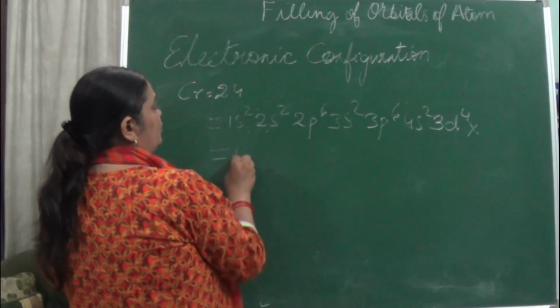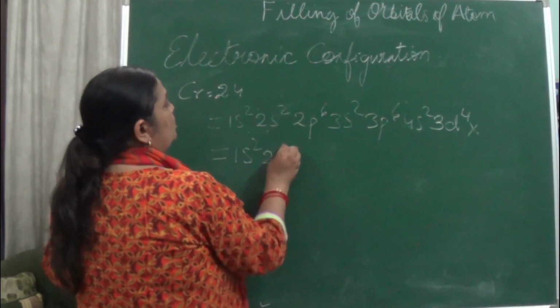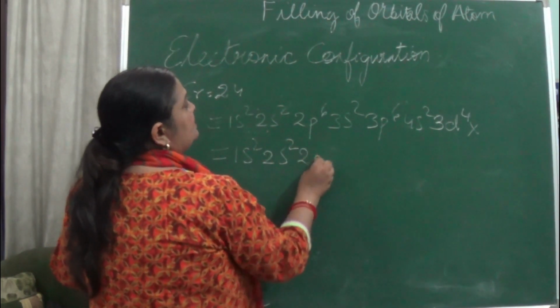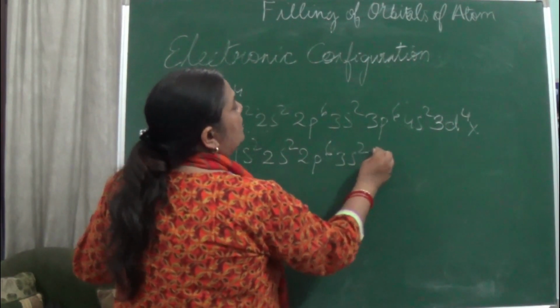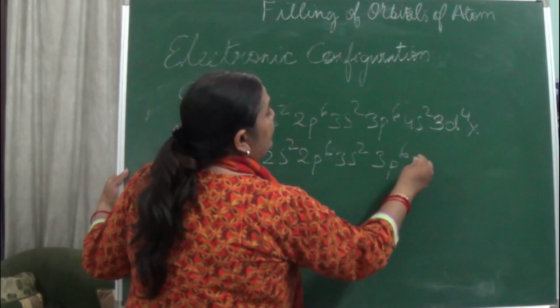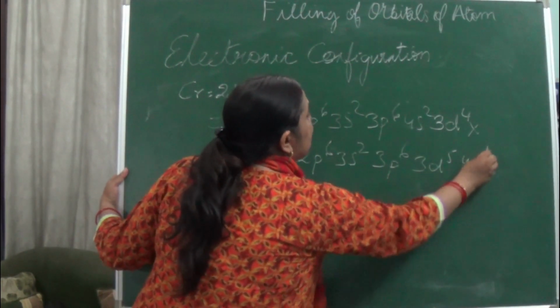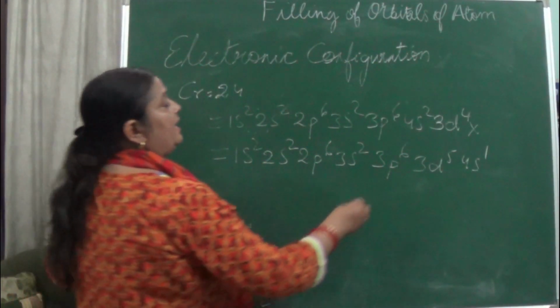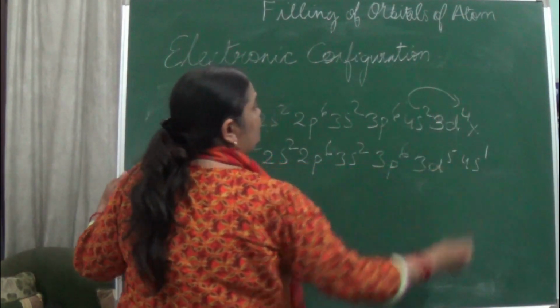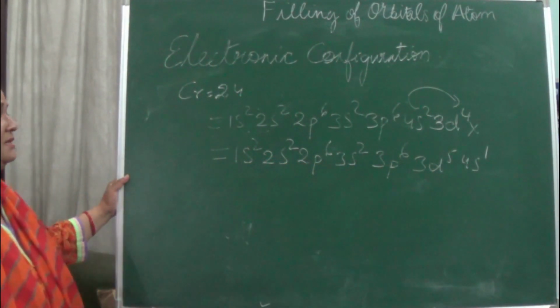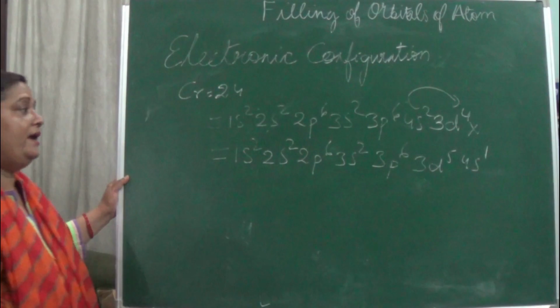Here there is an exception. You will be filling 1s2, 2s2, 2p6, 3s2, 3p6 and 3d5 and 4s1. Here you have seen that from the S, 1 electron has shifted to the 3d. Why does it happen?